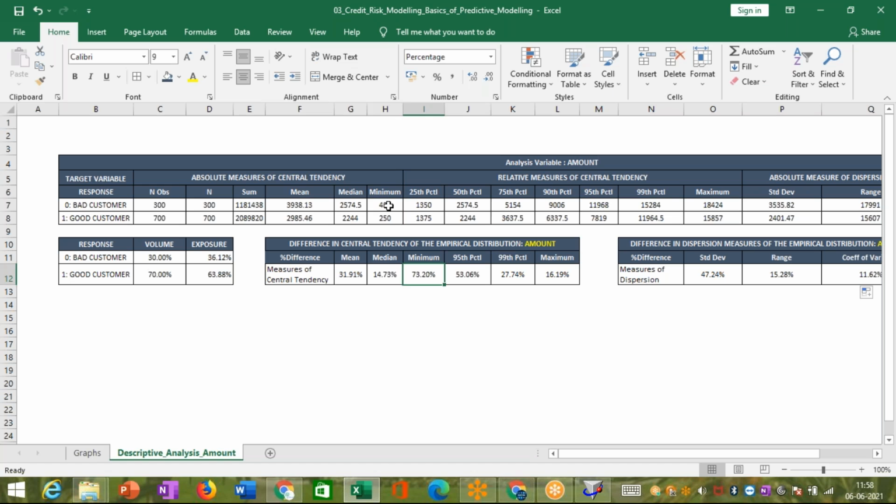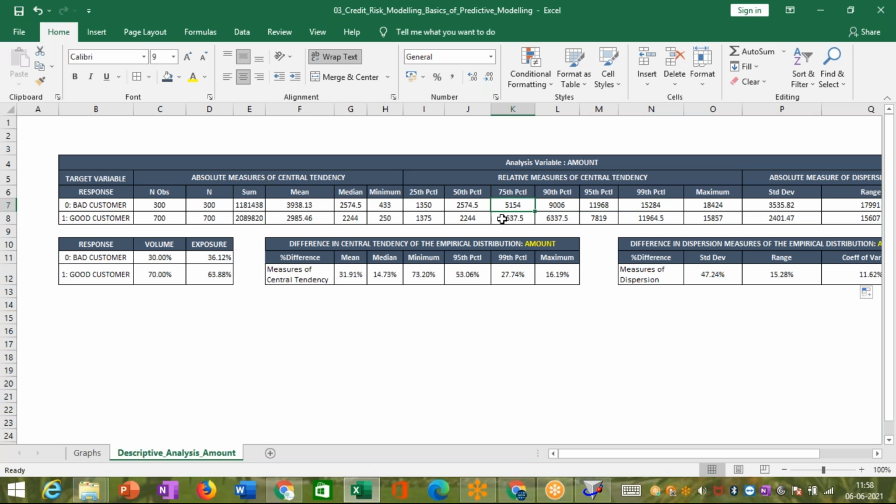So over here, one thing that we can see is that for the bad customers, the overall variability is higher. For example, if you go to the 75th percentile, 50% of the population has a loan less than or equal to 2,574, and 75% of the population has a loan of up to 5,154.